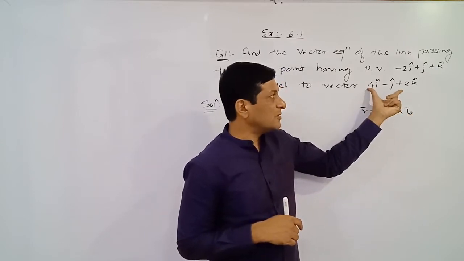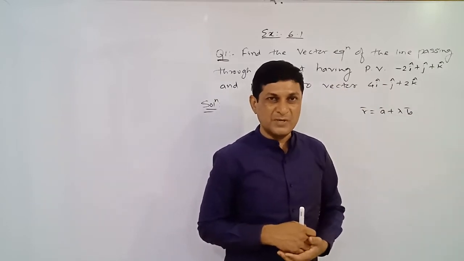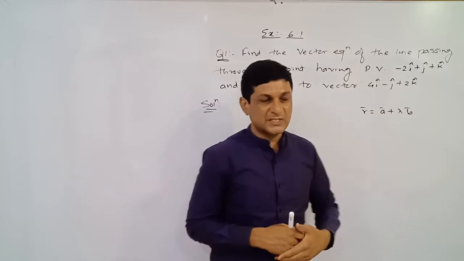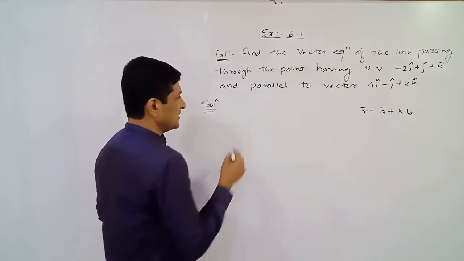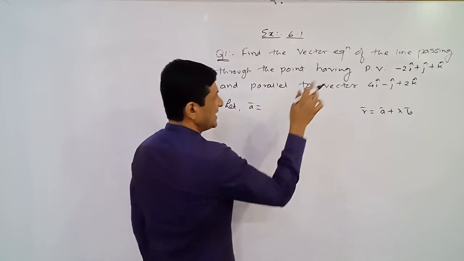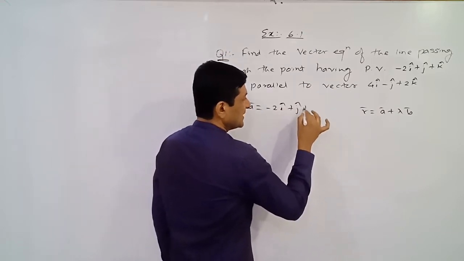Here the vector parallel to the line is given to us. Only the remaining part is to denote this vector by b bar. Both the values to apply this formula are given to us. So let us apply this formula to find the equation of the line. I am denoting the first vector by a bar, which is minus 2i cap plus j cap plus k cap.